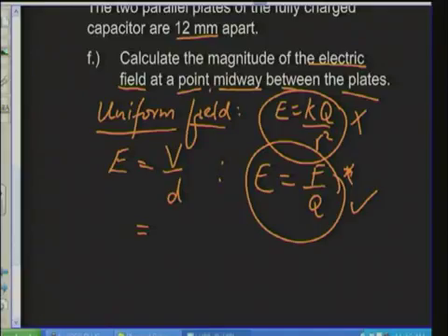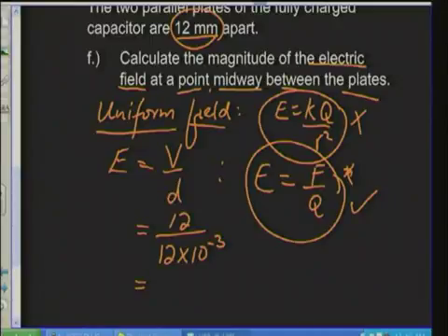We just come here and say, okay, we've got EMF is 12. The distance between the plates is 12 millimeters. We don't work in millimeters, we work in meters, so you convert that: multiplied by 10 to the power minus 3, converting that to meters.